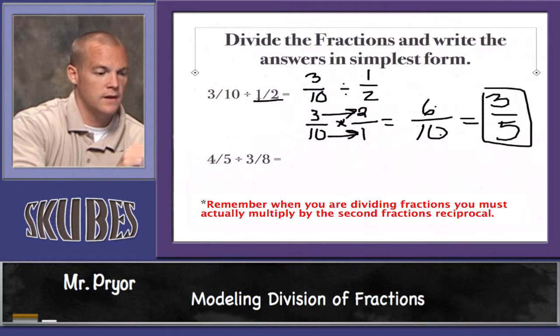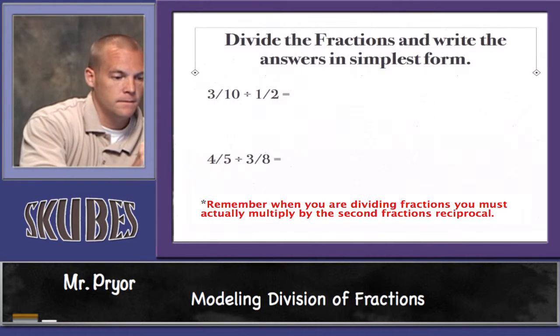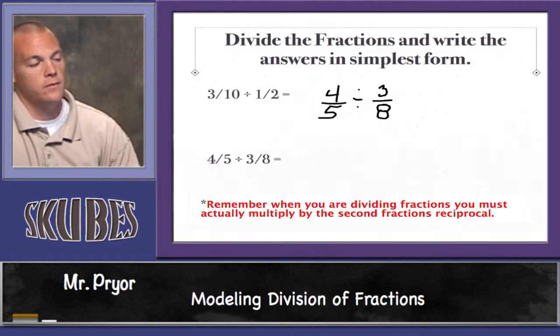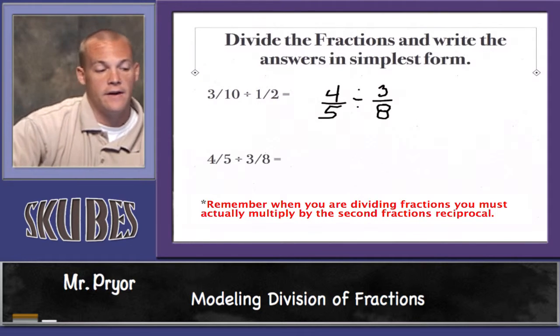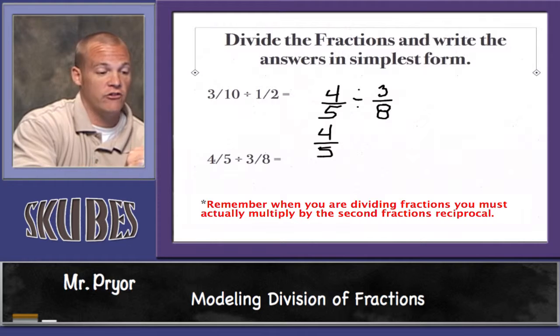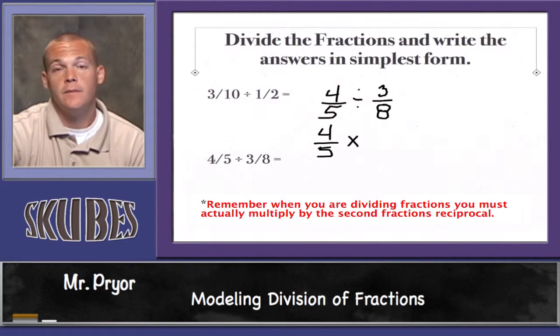So let's look at the next one. 4/5 divided by 3/8. All right, so just like the last example, we're going to look at our division sign, not just look at it, we're actually going to change it. That division sign will always become, when dealing with fractions, a multiplication sign. 4/5 times, then of course that second fraction will flip.